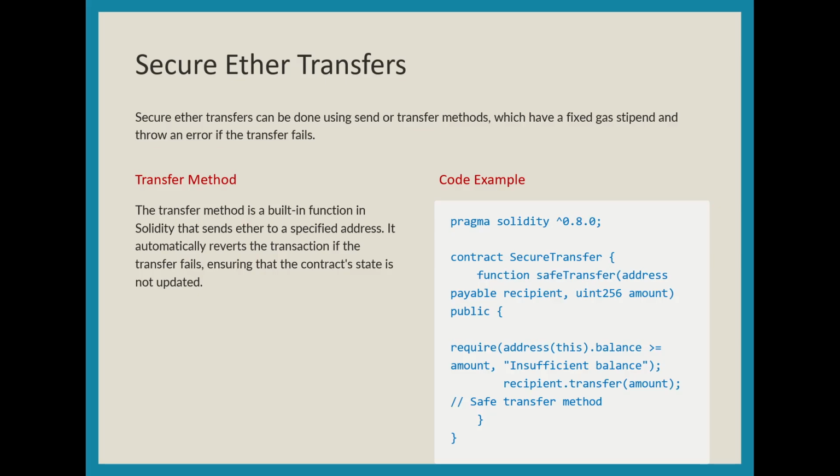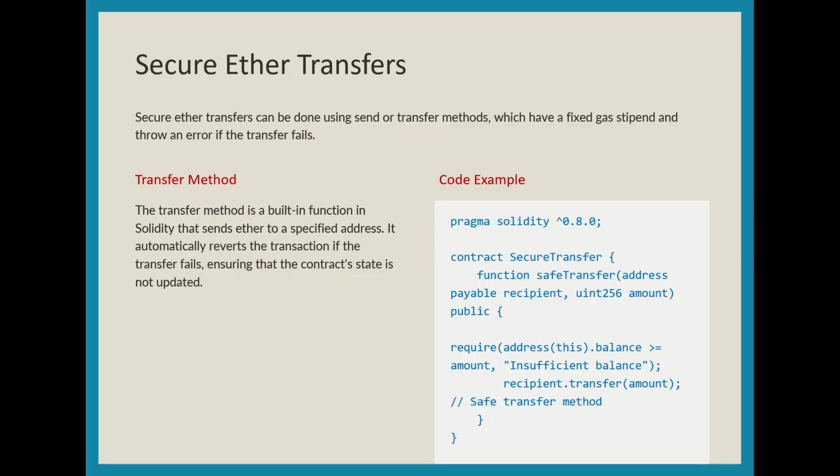So here we have also added a require statement. You might recall the require statement from the last video. This checks if the contract's balance is sufficient to cover the specified amount of ether. If the balance is not enough, the function reverts with the error message "insufficient balance". This ensures that the contract doesn't attempt to transfer more ether than it holds. Right? And finally, it's just the transfer method.